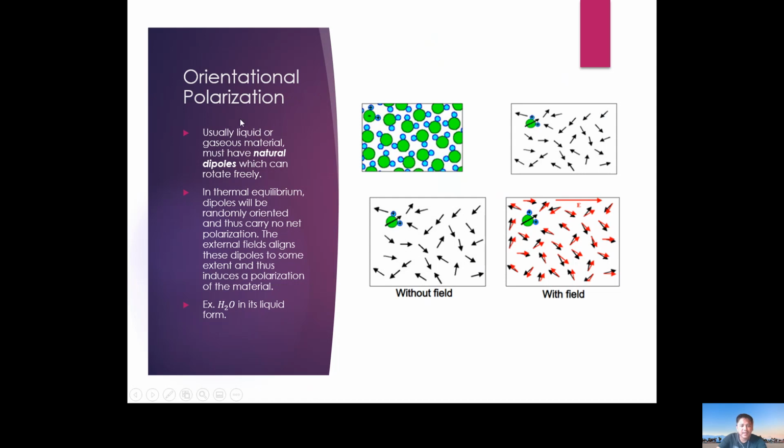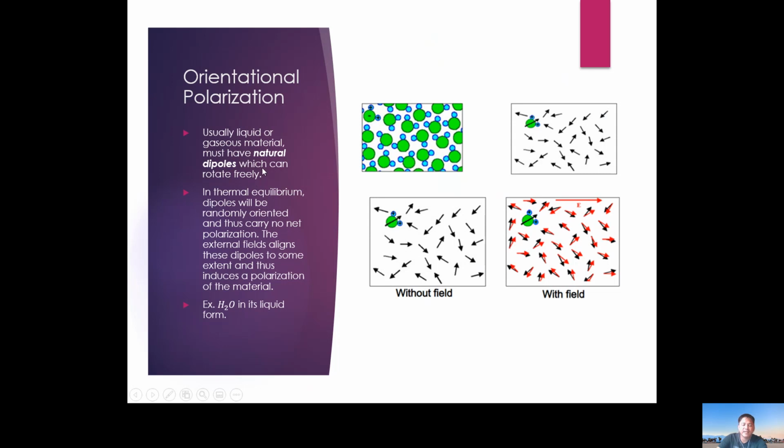So first, it is usually a liquid or gaseous material. Anything that is a liquid or gaseous dielectric material can have this orientational polarization. It must have natural dipoles which can rotate freely.